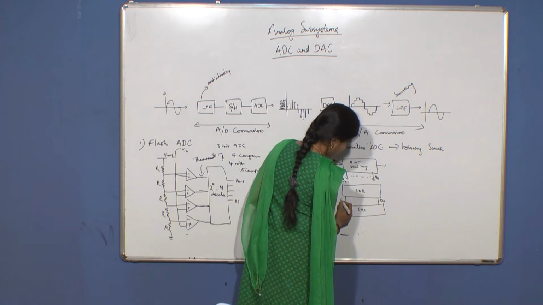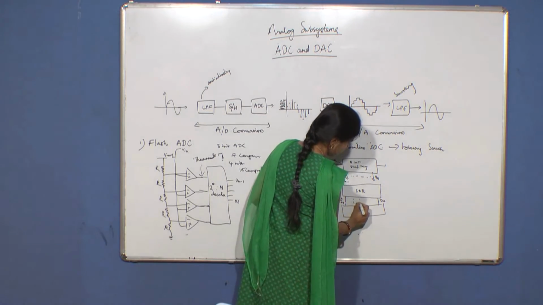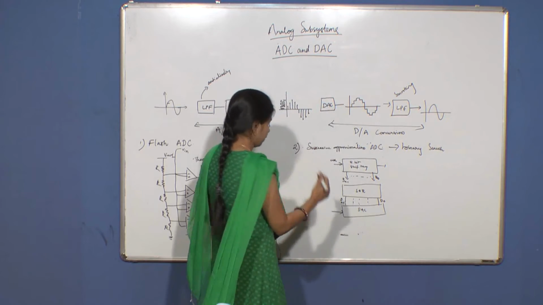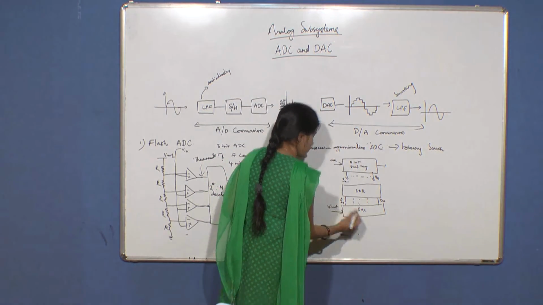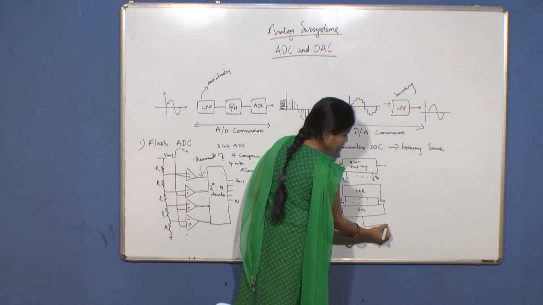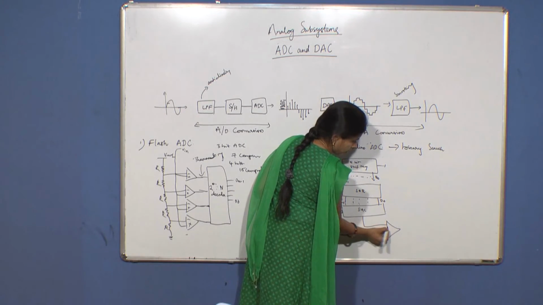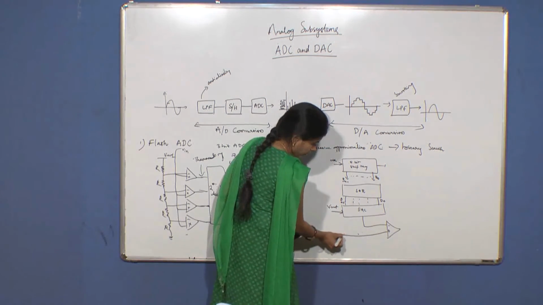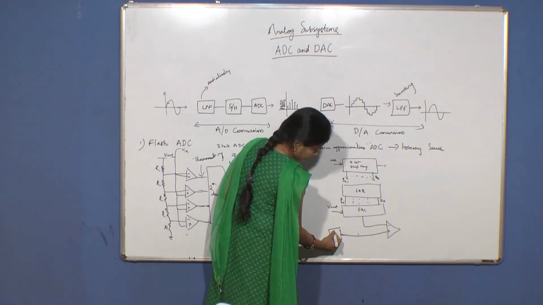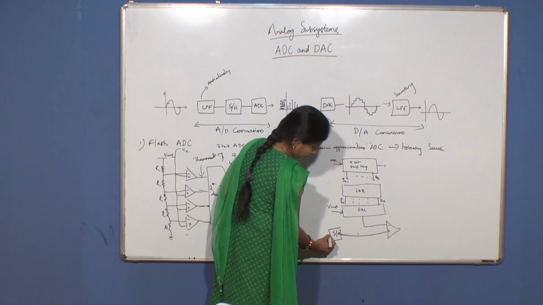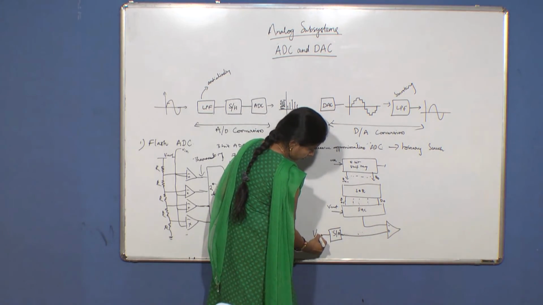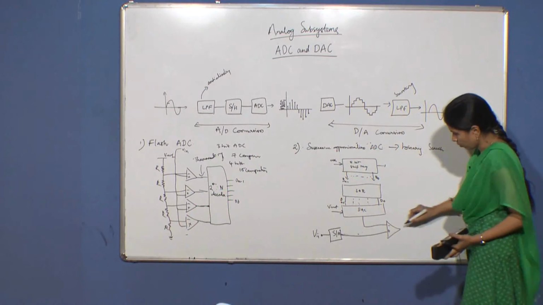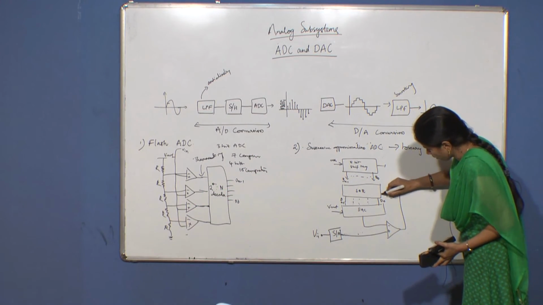Let us say this is D0 to Dn minus 1, then you have V reference here. This is your V out, which is given to the operational amplifier, and this V plus has come from the sample and hold, and this is your input.